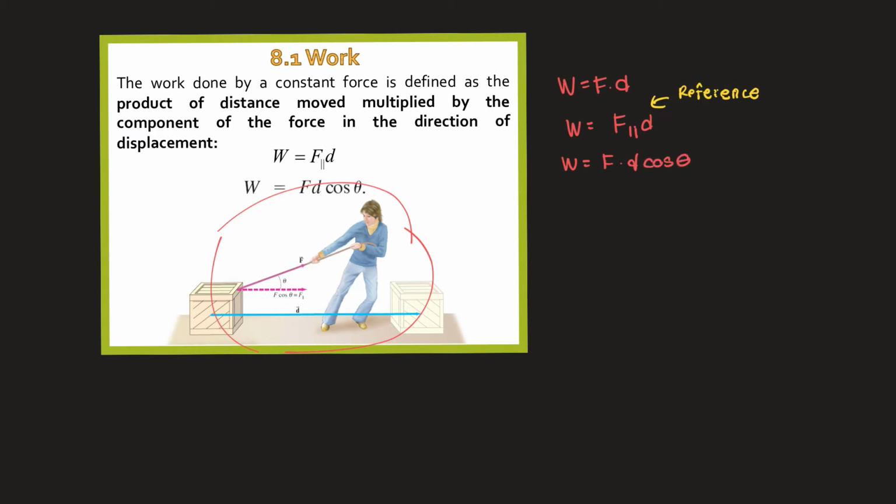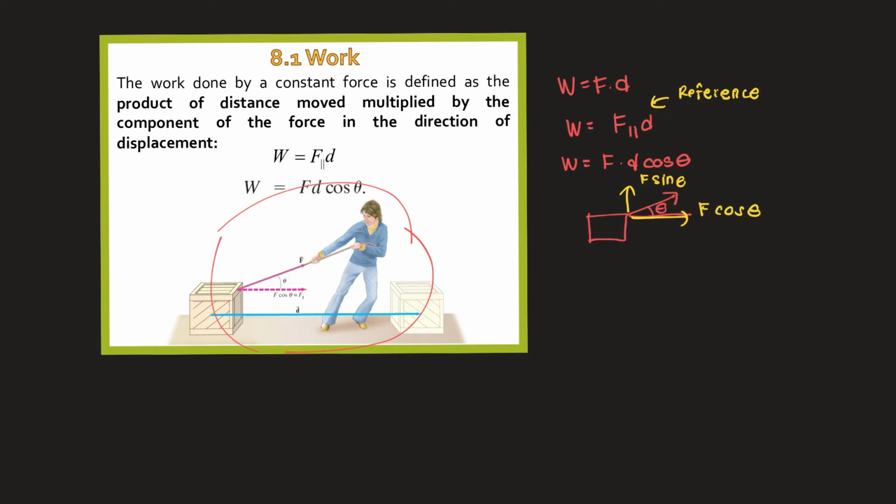The reason why it becomes cos theta is because when you have one object and you pull the object with some force that has an angle, you are going to resolve this force. When you resolve this force, you are going to get F sin theta, and another one you're going to get F cos theta.